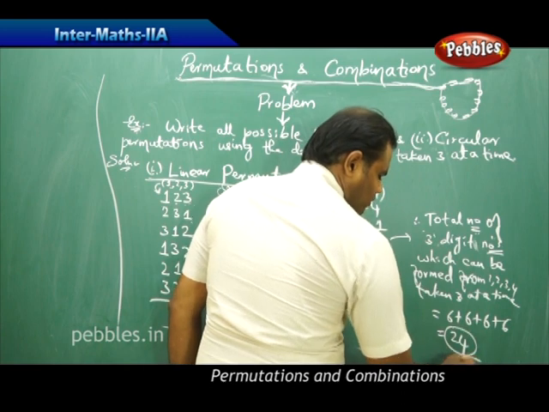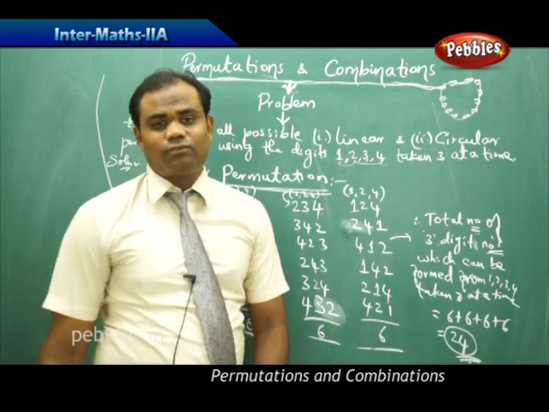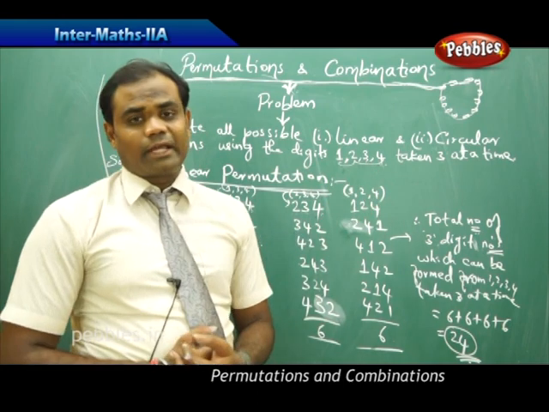Therefore, there are 24 different possible 3-digit numbers which I can form from the elements 1, 2, 3 and 4 taken 3 at a time.